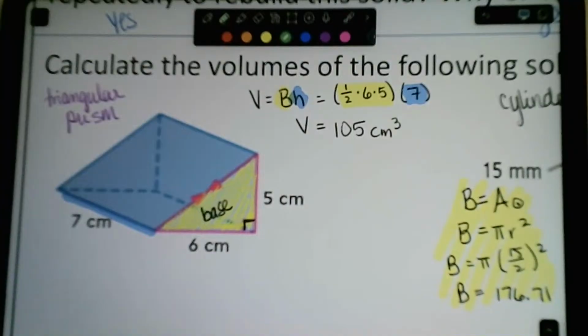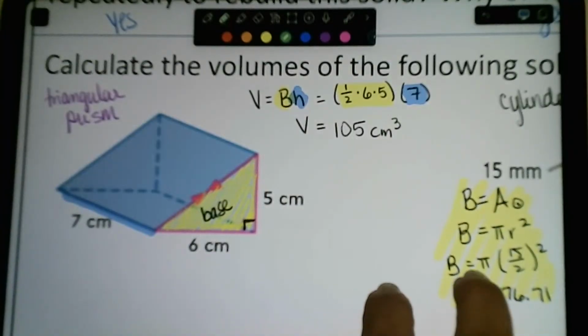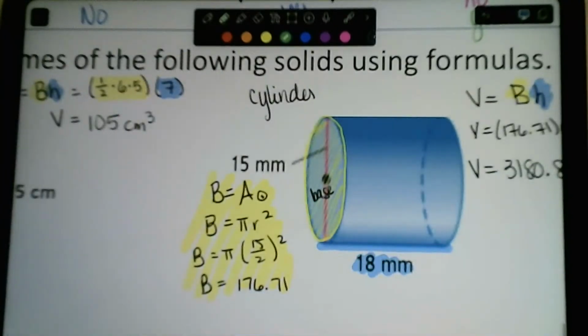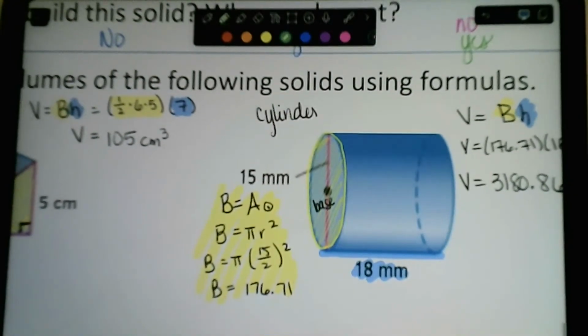This one's a triangle. This one's a circle. Your starting formula for volume stayed the same: volume equals area of the base face times the height. But the formula you use to calculate the area of the base face depended on the shape of that base face.